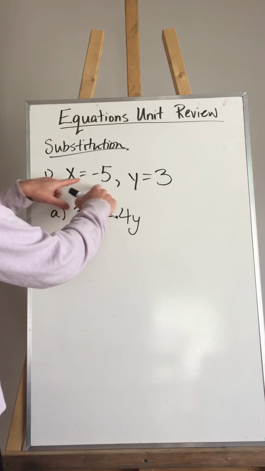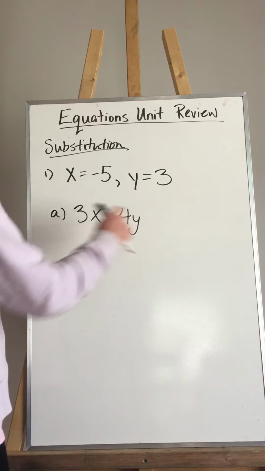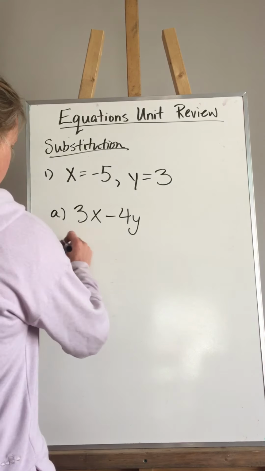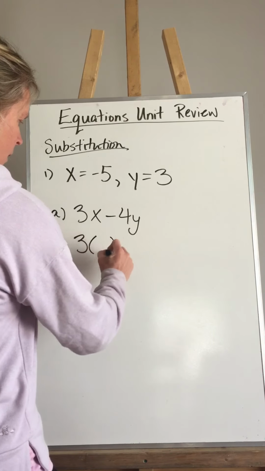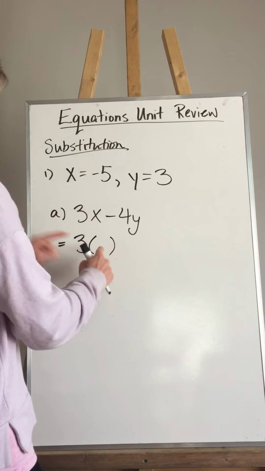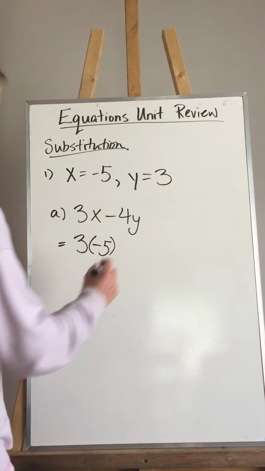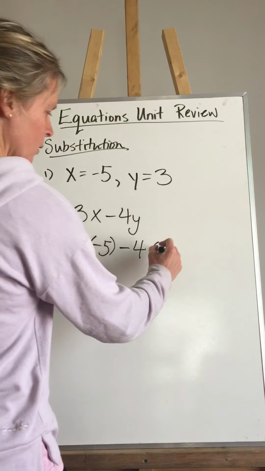So you're going to take what x equals, substitute in for x, what y equals and substitute in for y, and then you'll solve. So my next line should be basically substituting in the numbers for the variables. So x is -5, so I put my brackets and I put -5 in the brackets, okay? -4 brackets for the y, and y is equal to 3.